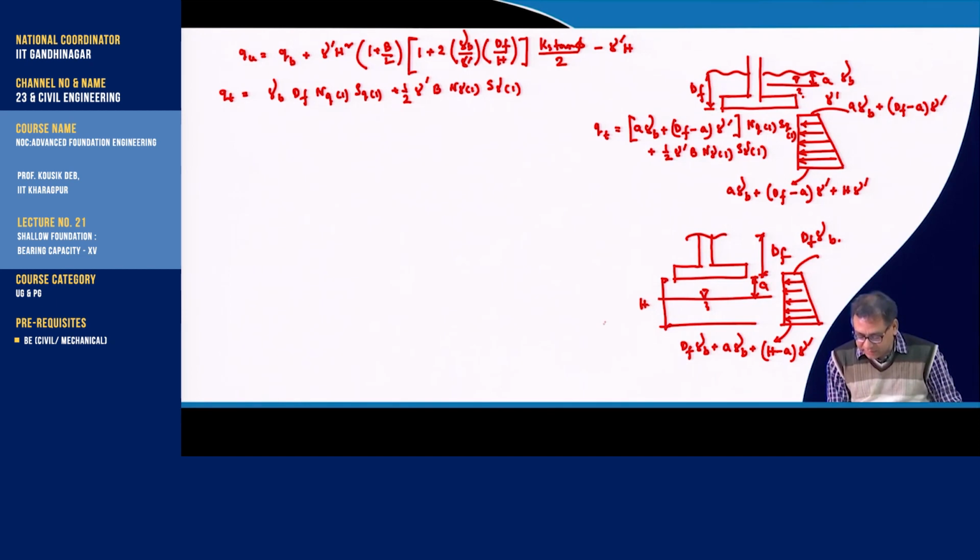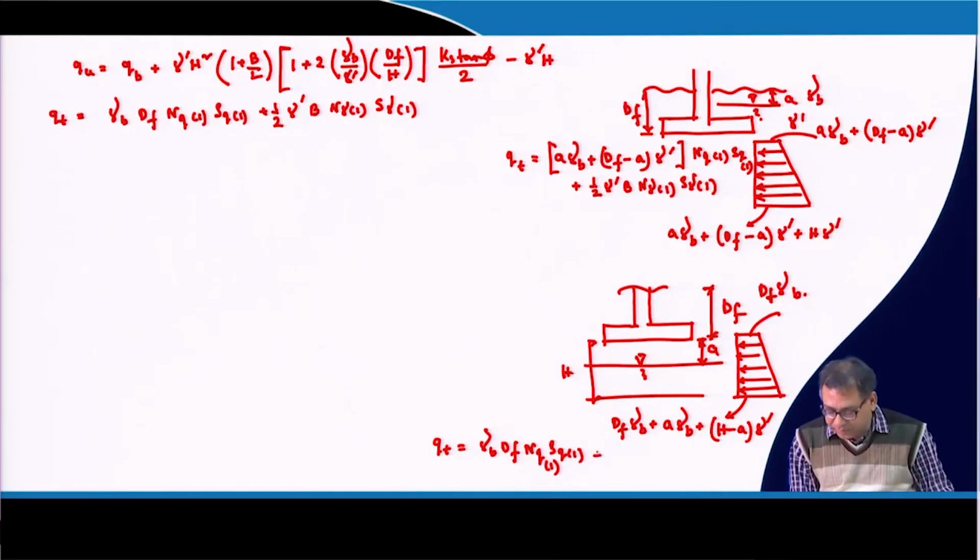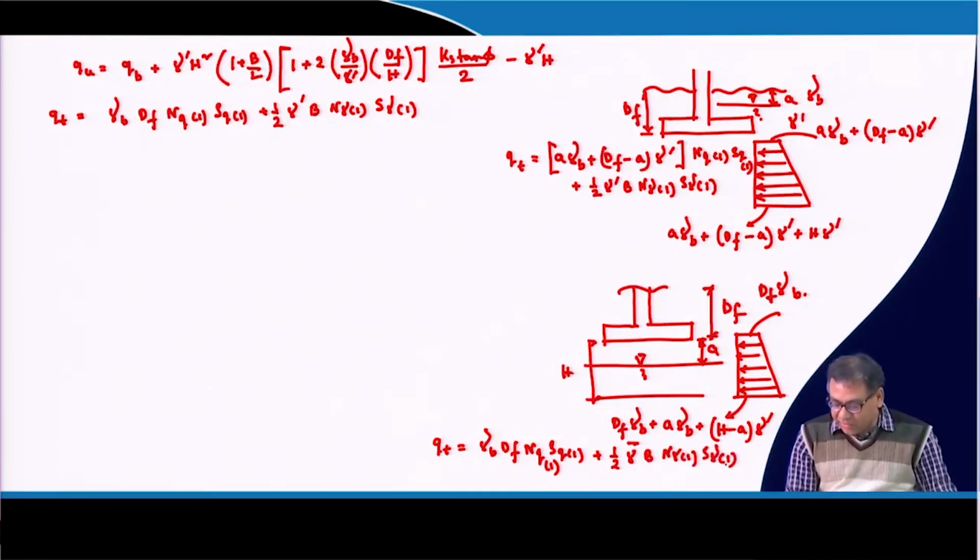In this case, QT will be: the soil above the base of the foundation is gamma bulk, then this is dF, then NQ, SQ1, plus half, this one you consider gamma dash, because I am calculating gamma dash, then B n gamma 1 and S gamma 1. Because how do you calculate the gamma dash?